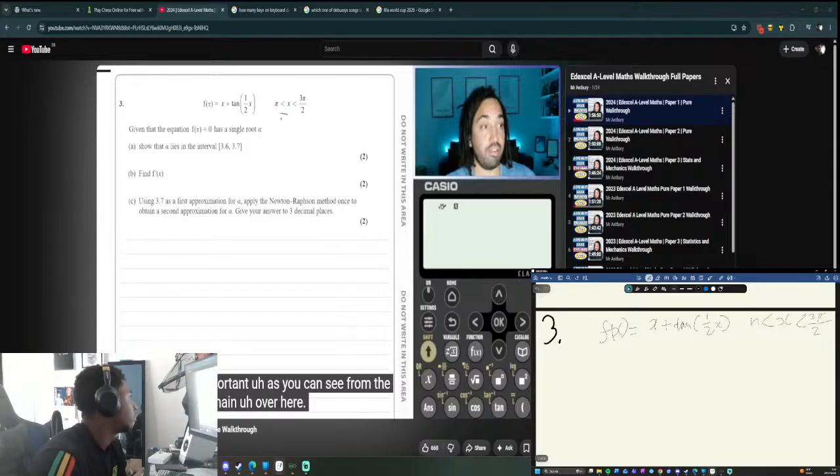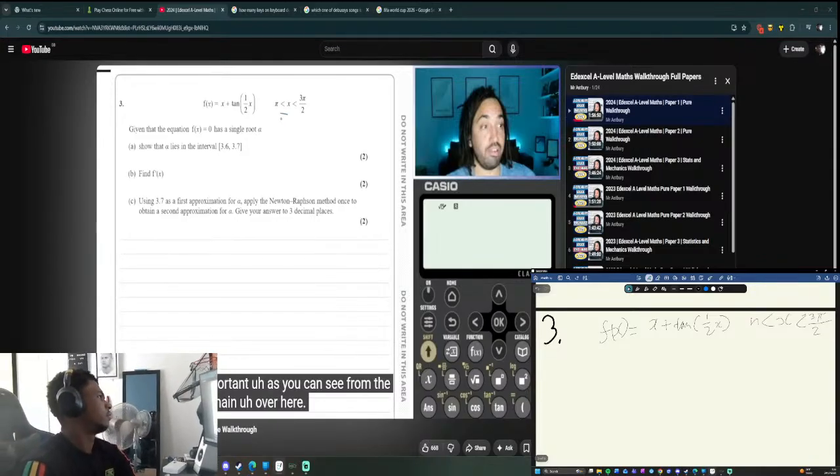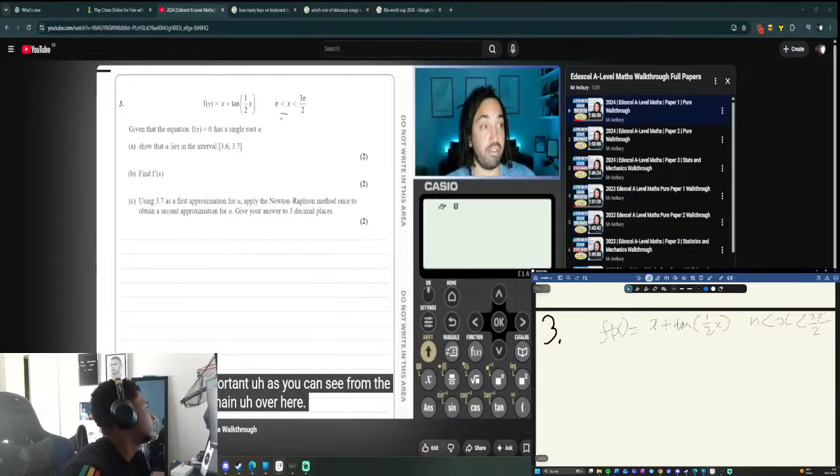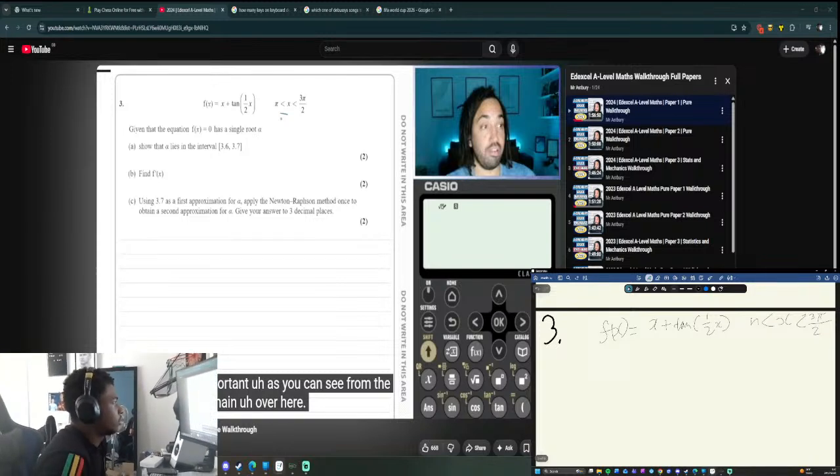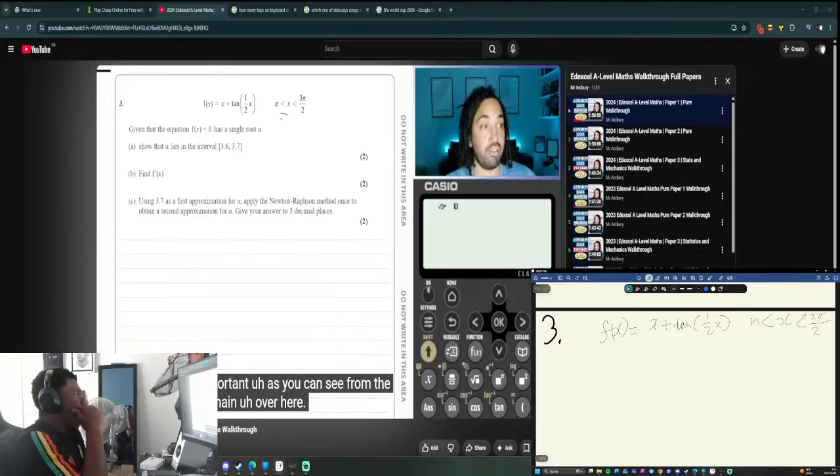Show that alpha is the single root. Given that this equation has a single root. Show that it lies, okay, to Newton Raphson.